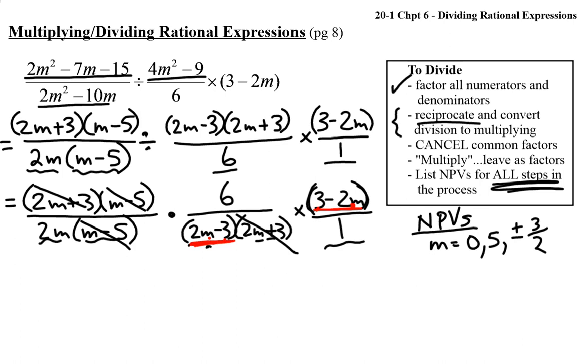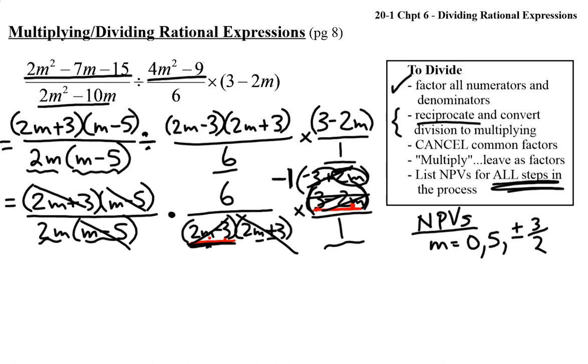If I factor out a negative 1 here, then I have negative 3 plus 2m. We looked at this with the simplifying rationals process. Because I factor out a negative 1, well, now I have the 2m minus 3 and the 2m minus 3. Those will cancel.